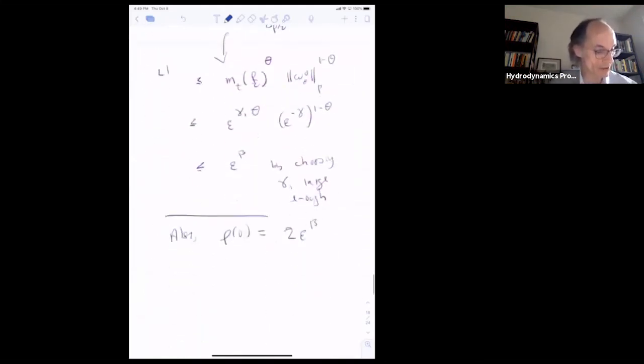And so the conclusion is rho of t will be bounded by e to the c t times 2 epsilon to the beta for 0 less than little t less than capital T. Okay, and this will be less than, say, epsilon to the alpha if epsilon is small enough.